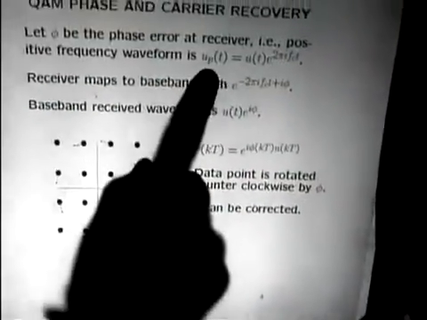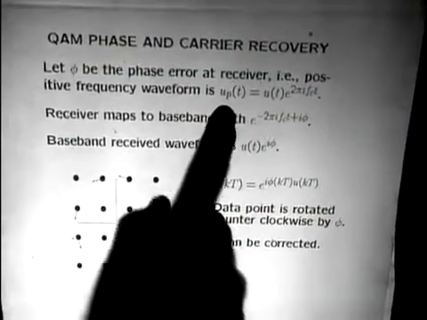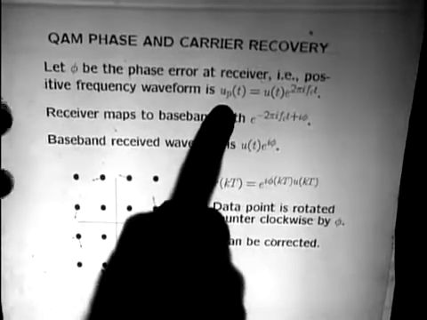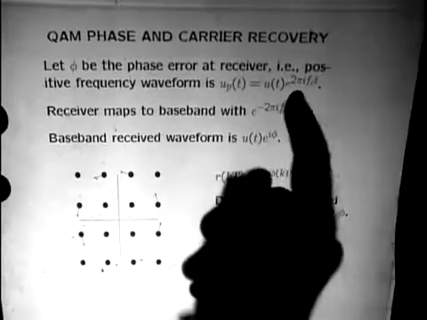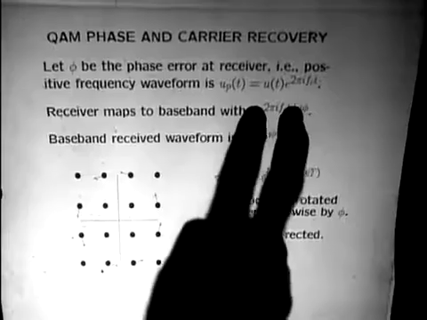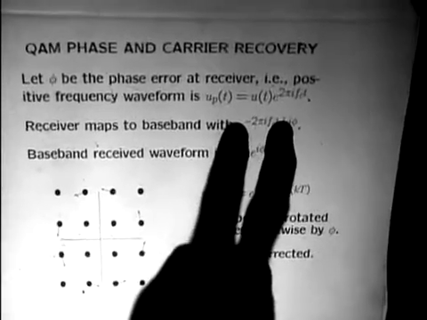Okay, so if the transmitted waveform at the upper pass band at positive frequencies is u of t times e to the 2 pi i fct. Okay, this is one of the reasons why you want to think in terms of complex notation. If you try to analyze QAM phase lock using cosines and sines, I mean, you're welcome to do it, but it's just a terrible mess.